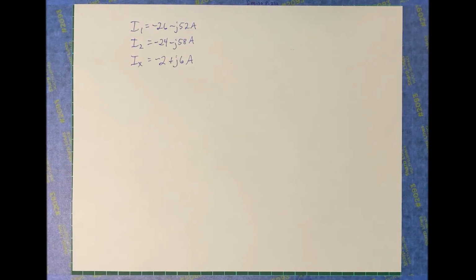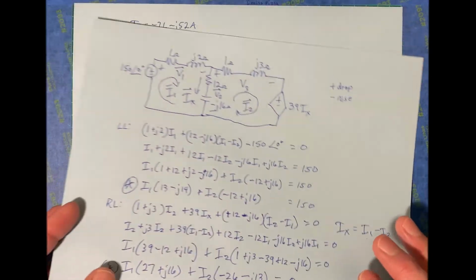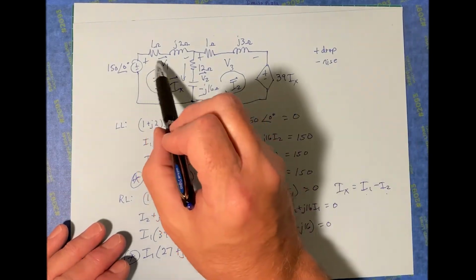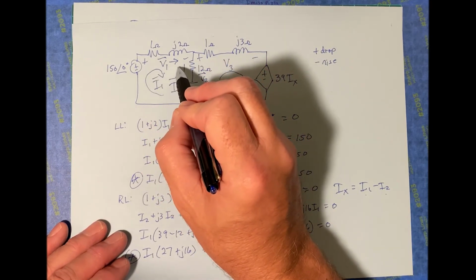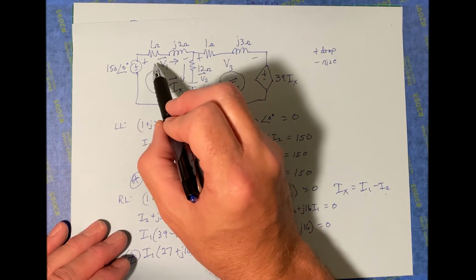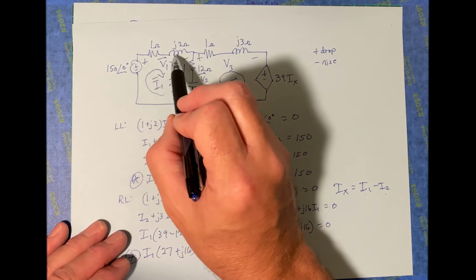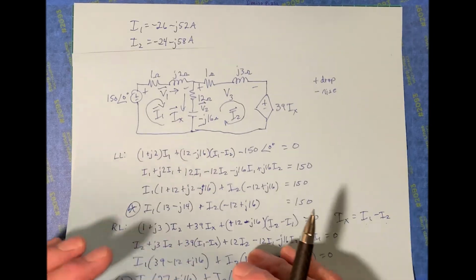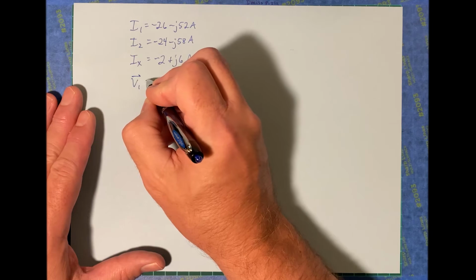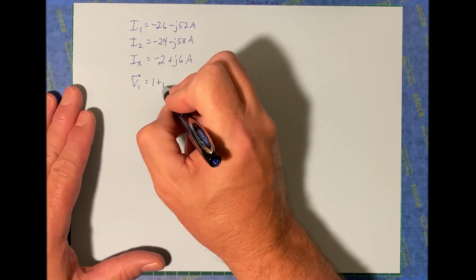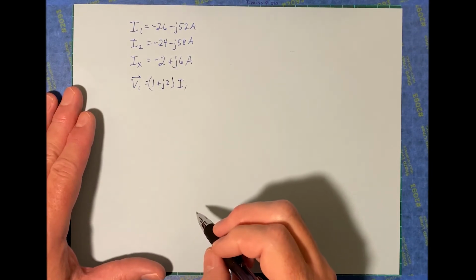All right, great. Now we need the voltages, and if you go back here, the voltage across that, since we know that's going to be I1 going through there, is V equals I times this total impedance here, so 1 plus j2. So phasor V1 is going to be 1 plus j2 times I1.